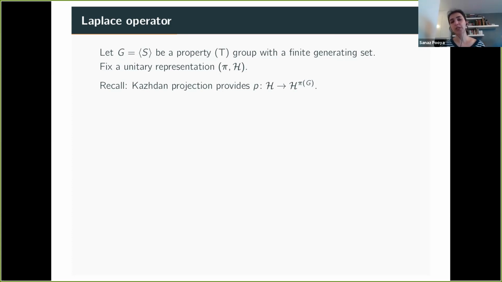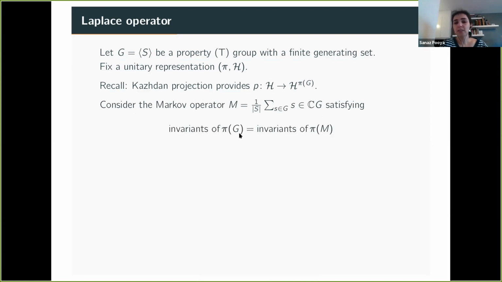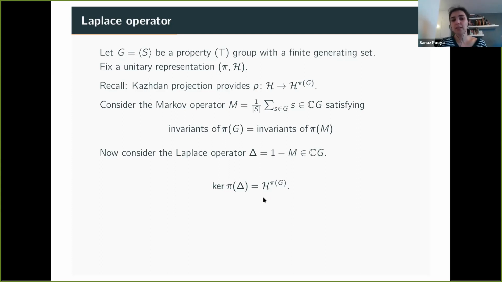The idea is basically to try to understand or describe fixed vectors, or the image of this projection, in such a way that it allows generalization to higher degrees. So this motivates us to look into the Markov operator, the averaging operator over the generators, whose invariance contains all information about the invariance of pi of G. Now, if you take the Laplace operator, namely the operator 1 minus Markov operator, which still lies inside the group ring, then we see immediately that the kernel of the Laplace operator is the invariant vectors of pi.